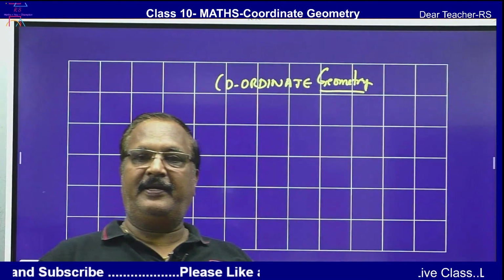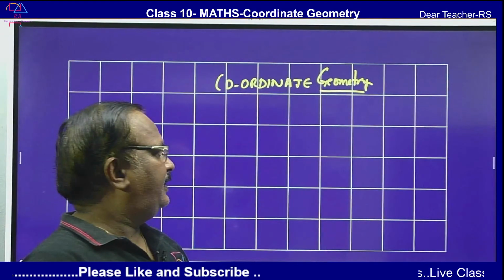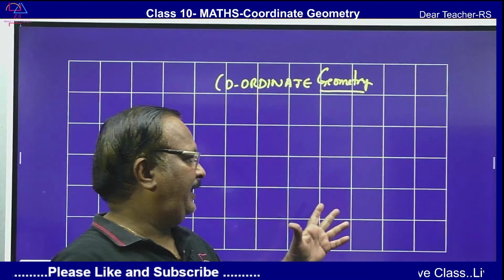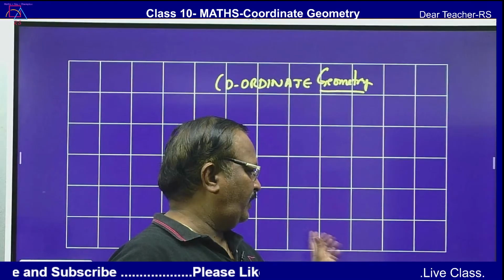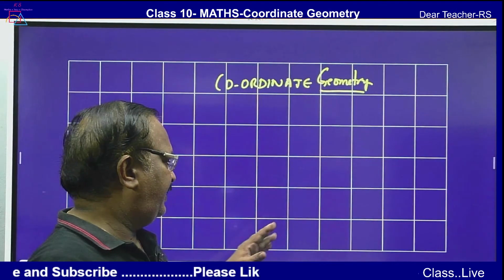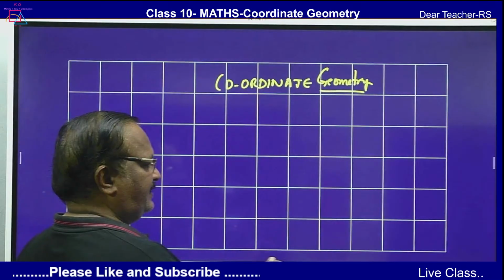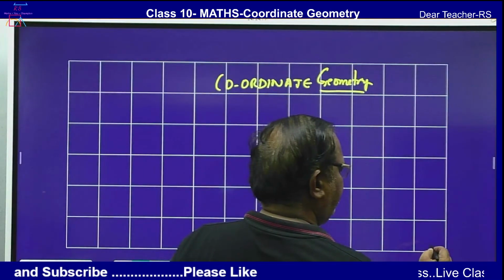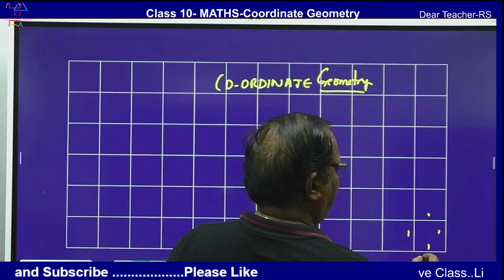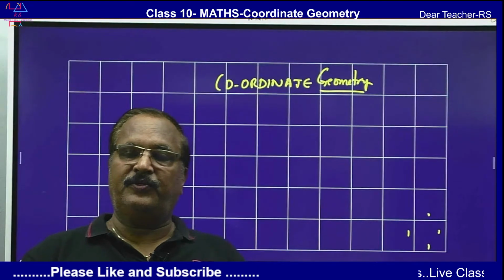Now this is a specific plane. There are squares, horizontal lines and vertical lines, right? Each square is 1 centimeter, and that is one unit.